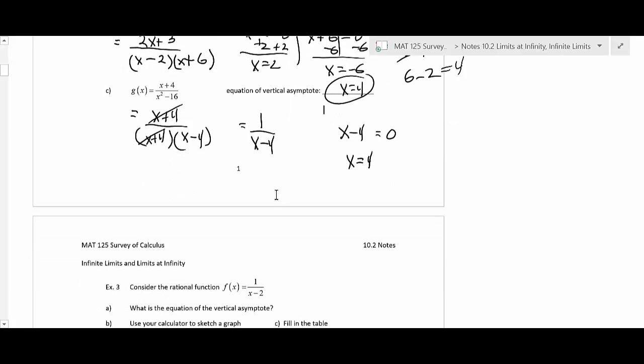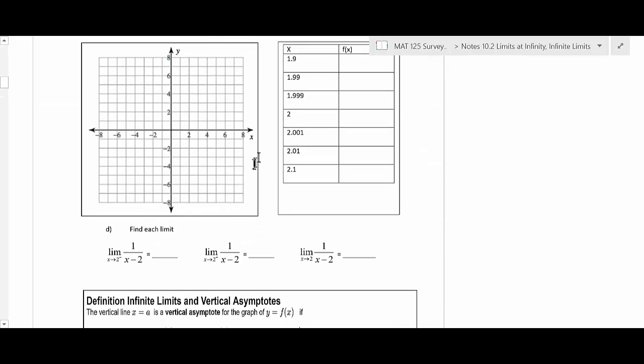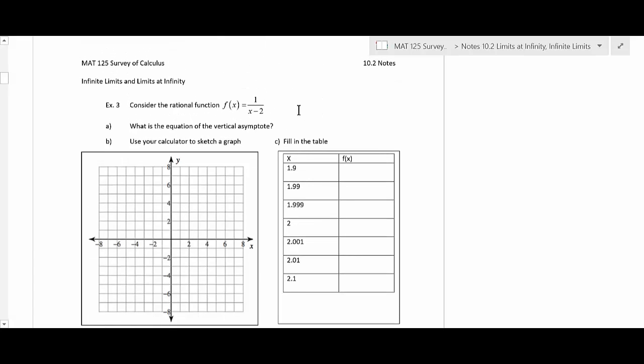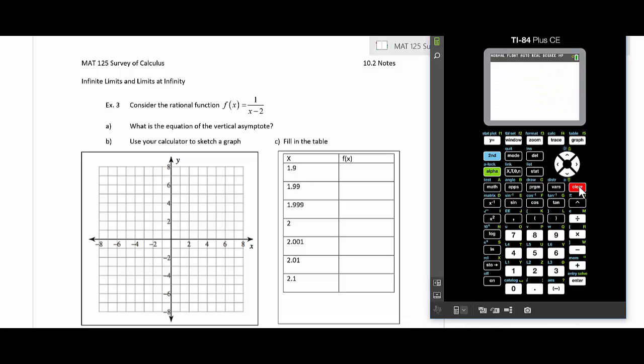Okay, let's do this example 3, and then we'll take a break. And we're going to use the calculator on this to kind of help us understand something. So let's get our calculators. Let's all do this on the calculator together, because I want to show you what happens on this one. So in your head, where is the vertical asymptote on this problem? 2.